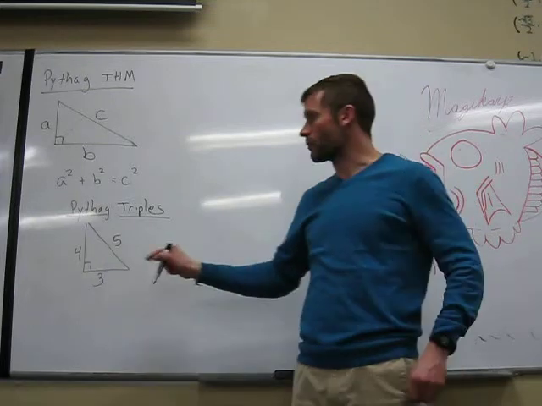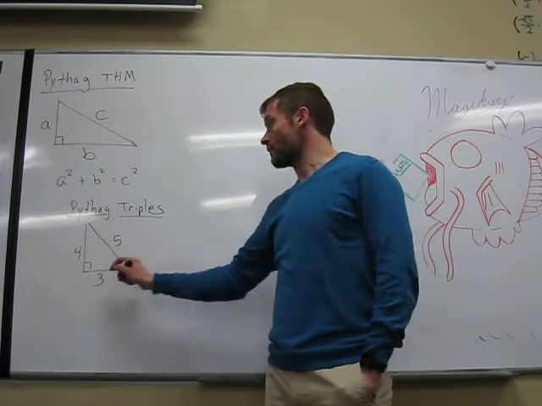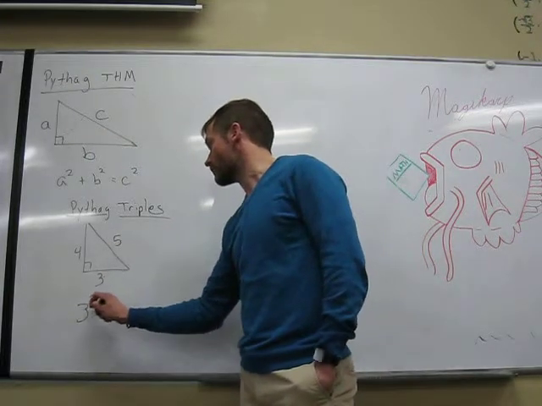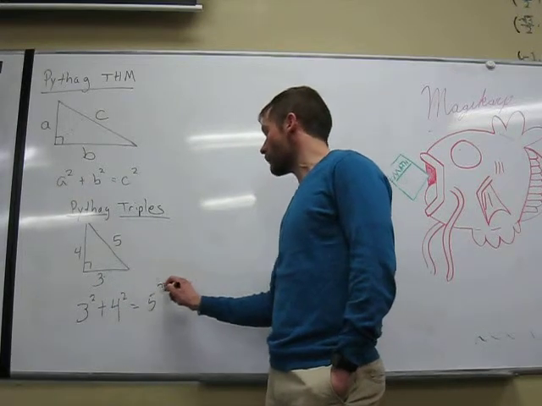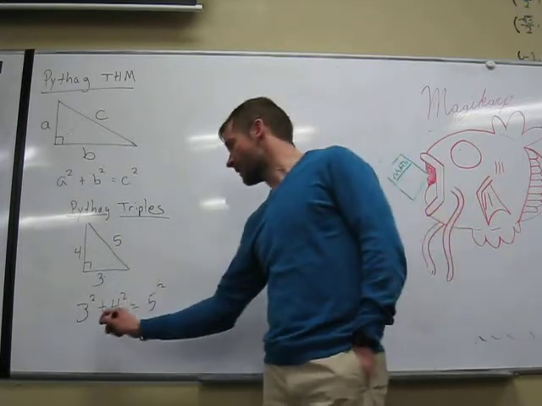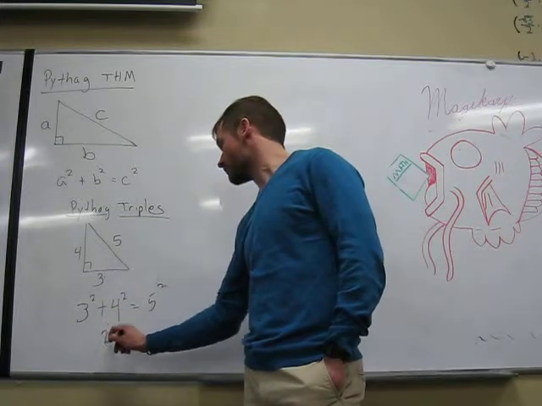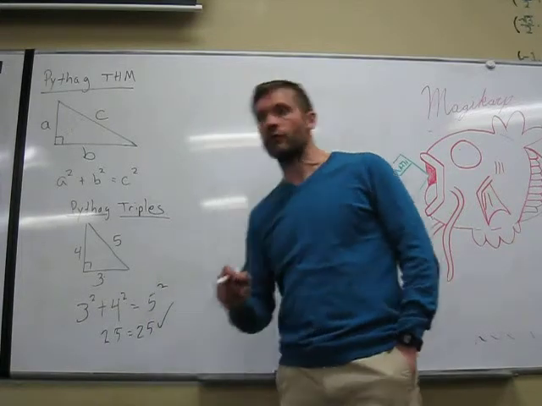If it wasn't a right triangle, then it wouldn't work for the Pythag theorem. So we take a leg squared plus a leg squared is equal to a hypotenuse squared. So 3 squared plus 4 squared is equal to 5 squared. And that's 9 plus 16 is 25. 25 is equal to 25. Is that a true statement?